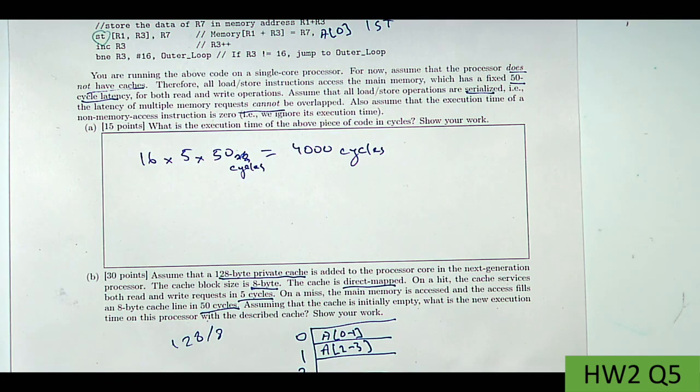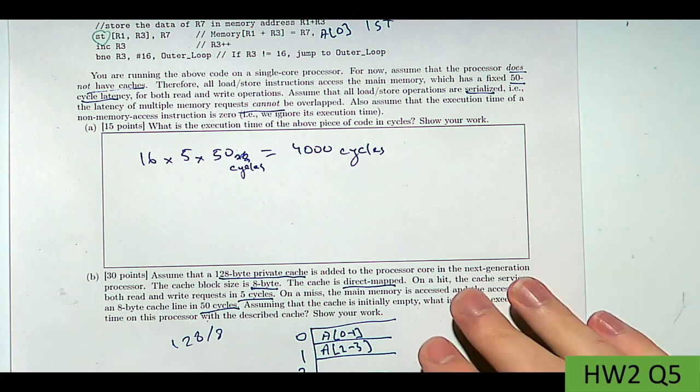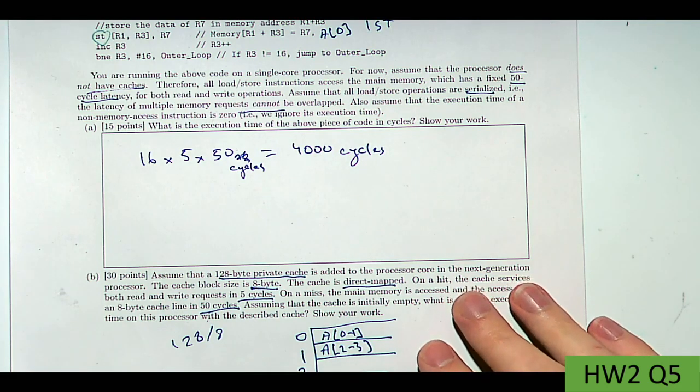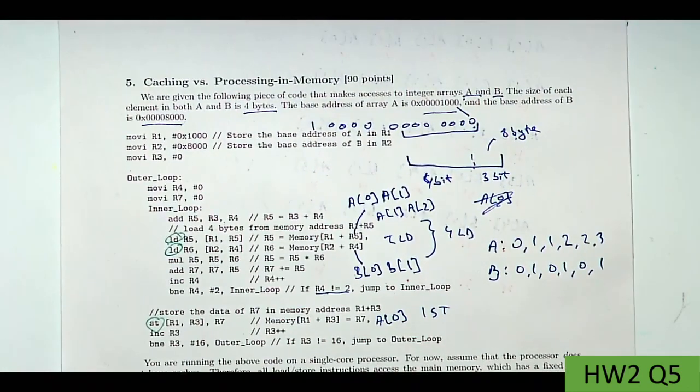So you say that we try to address 1 byte. Yes. How do you know you're trying to address 1 byte? If it's not stated otherwise, you should always assume byte addressable memory. In lectures, everything we do is byte addressable.